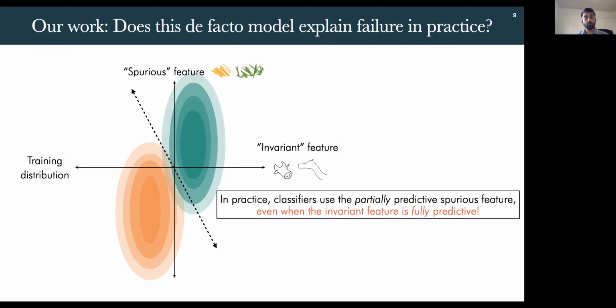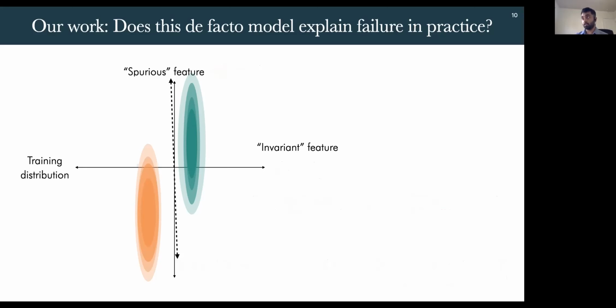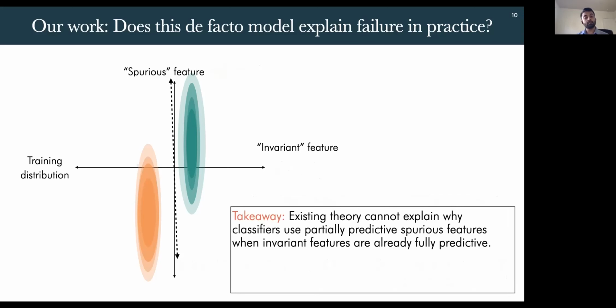So at a high level, what I'm trying to say is that existing theory cannot tell me why. Existing theory has constructed these tasks, which you can think of as deliberately difficult, where the classes overlap. Because of the class overlap, you can explain why your classifier used the spurious feature. But when there is no class overlap, this existing theory can no longer explain why the classifier still uses the spurious feature, even when the invariant feature is fully predictive.